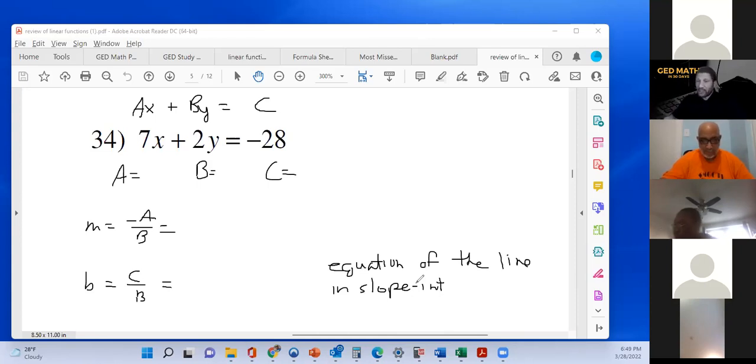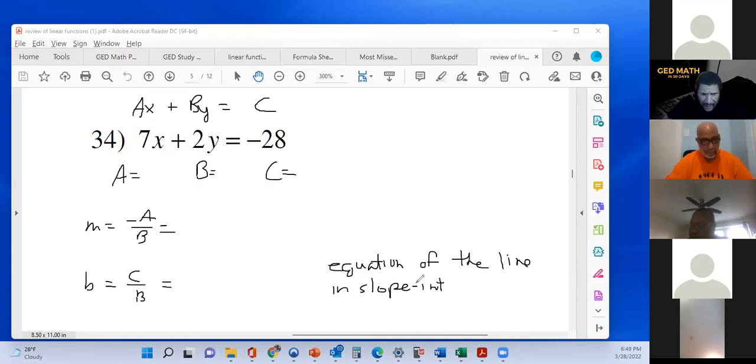Identify if it's slope-intercept form or standard form. If it's standard form, identify A, B, and C. Plug in for your slope, plug in for your y-intercept, and tell me what it is in slope-intercept form. I'm going to give you 3 minutes. 3 minutes should be enough time.